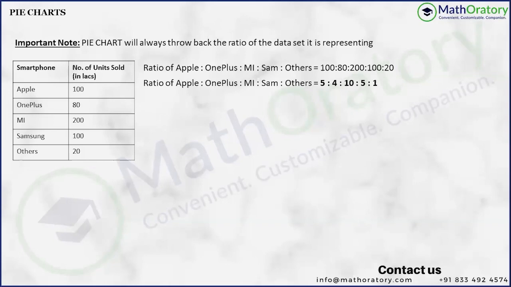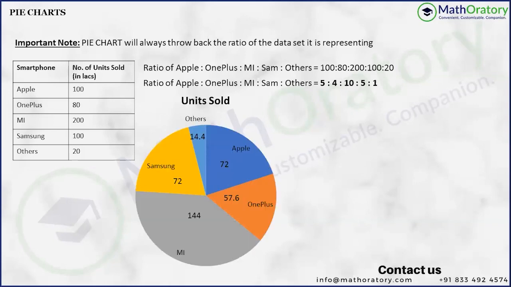Now let us forget about this and focus entirely on the pie chart. Suppose you are not given the data set, but what you are given is the pie chart. The pie chart again has some angles, some degrees associated with each of the companies. So let us take a quick ratio of the degrees: 72, 57.6, 144, 72 and 14.4.